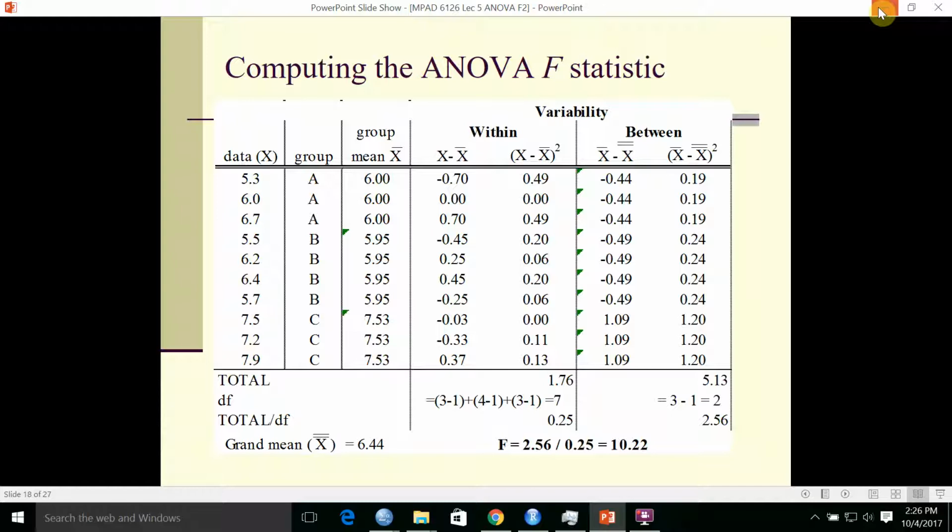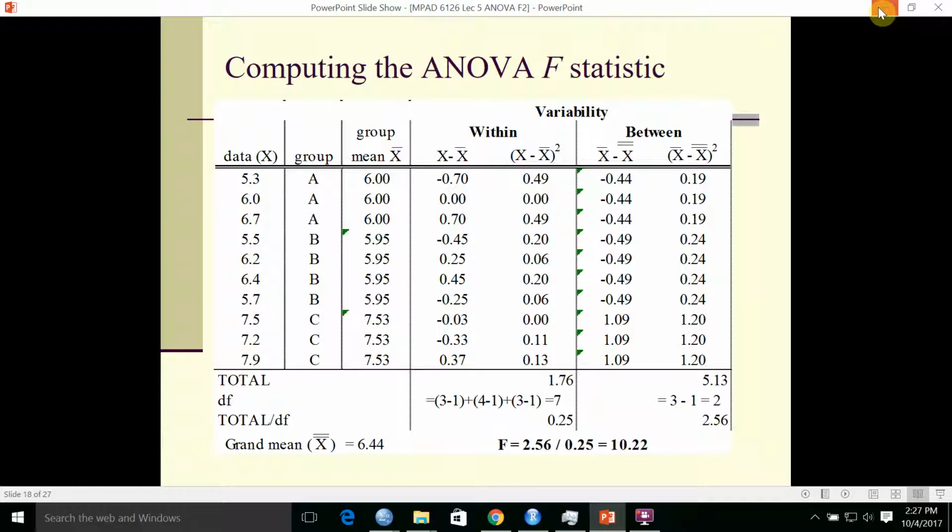So if we calculate the within variation, we'll first subtract, in the next column to the right of the group mean, the individual observation minus the group mean.